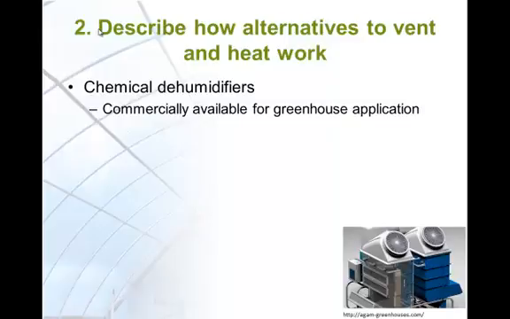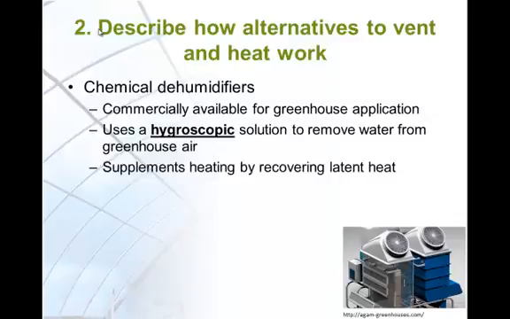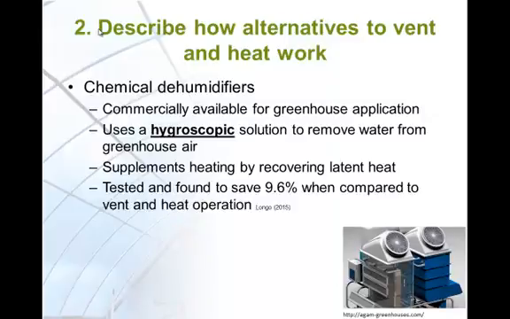This unit is intended for use in a greenhouse. This dehumidifier uses a hygroscopic salt solution to dehumidify greenhouses and provide latent heat energy that supplements the heating requirements. Longo tested this chemical dehumidifier and reported a savings of 9.6% when compared to a conventional vent and heat operation.